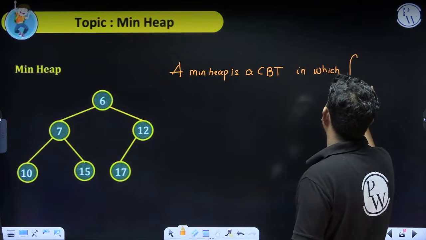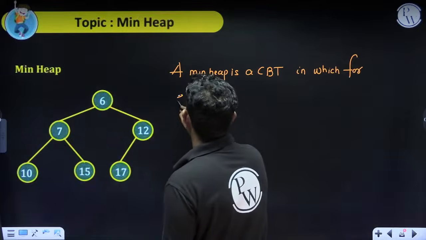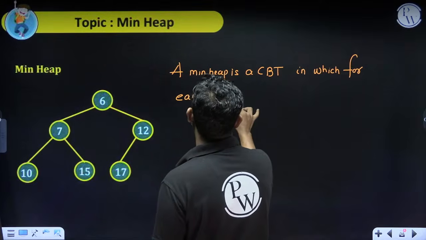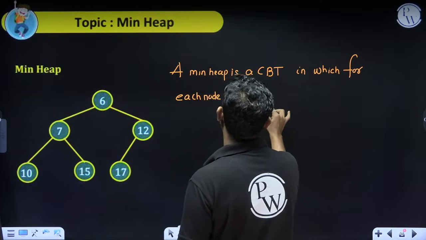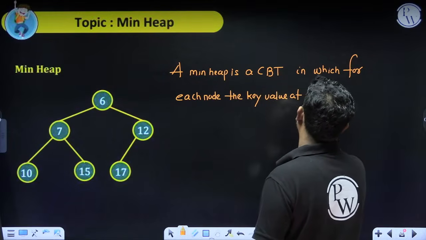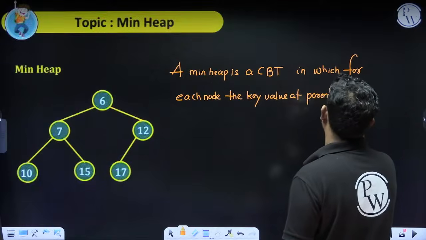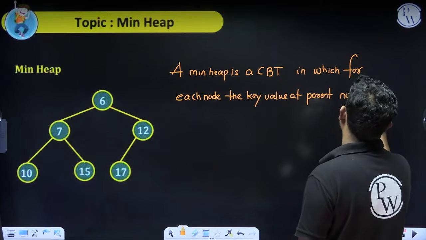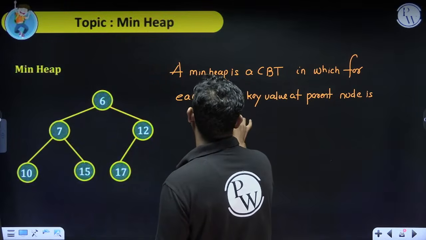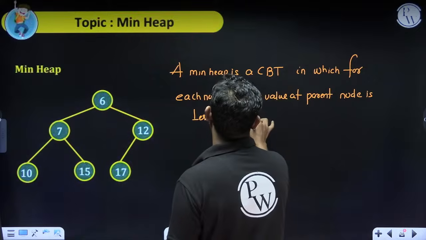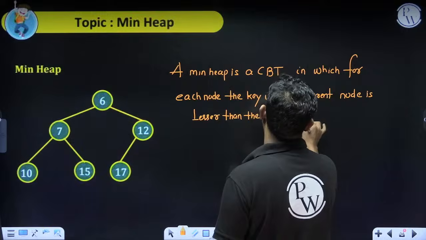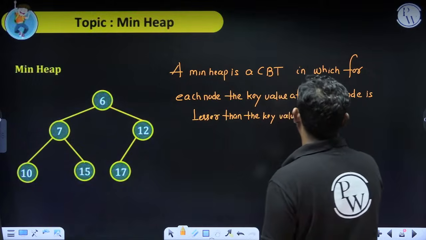for each node the key value at parent node is lesser than the key value at its children.